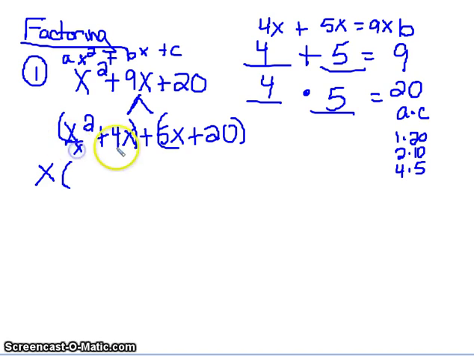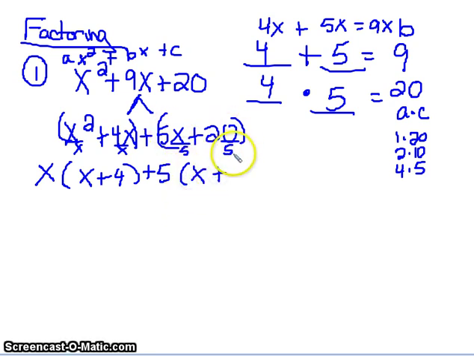That means I'm dividing each of these by x, and that's going to leave me with x squared divided by x is x, 4x divided by x is plus 4. My greatest common factor of 5x plus 20 is 5, and if I divide both of these by 5, 5x divided by 5 is x, plus 20 divided by 5 is 4.